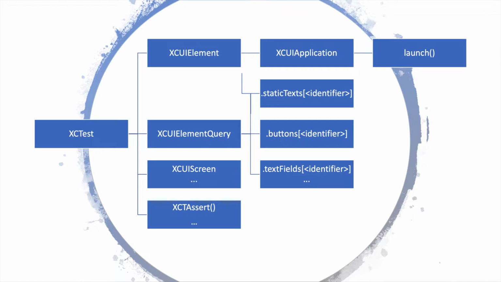Now these two are very important because they form the basis of how we interact with our application, but also how we select elements on the page and perform the various actions that we want to do in our tests.